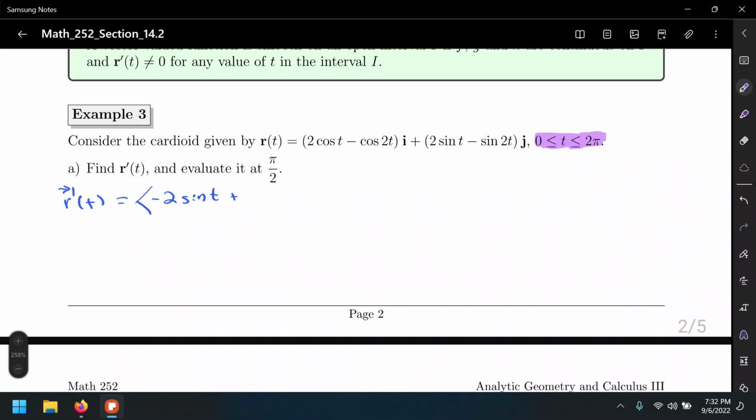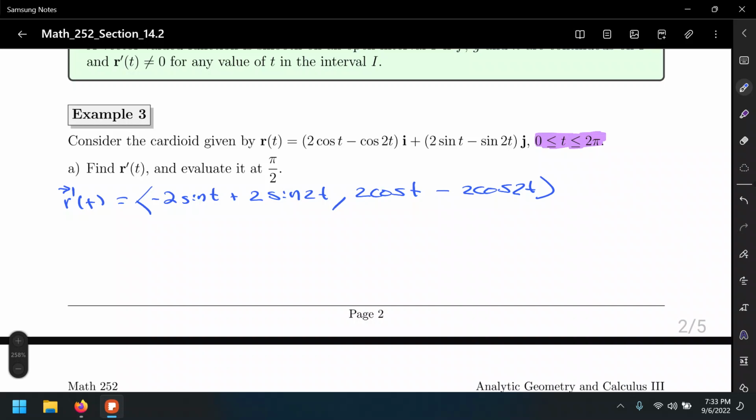Plus, and then multiply by the mini chain rule, 2 sine 2t. Comma, the second component, the y component: the derivative of sine is cosine, minus 2 cosine 2t. All right.